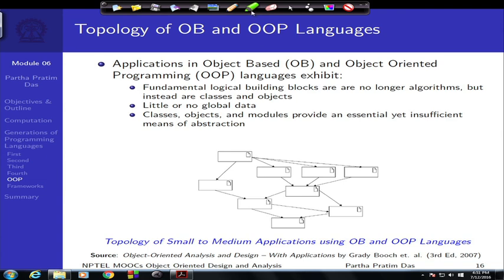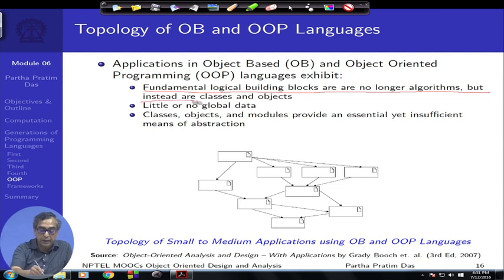So, the significant difference that happens in this is the fundamental logic building blocks are no longer algorithms, but they are classes and objects. We have had quite a bit of discussions in terms of class structure, object structure. They become the fundamental concepts in the programming language itself, instead of the procedural logic that decides, given certain inputs, what should be the output.